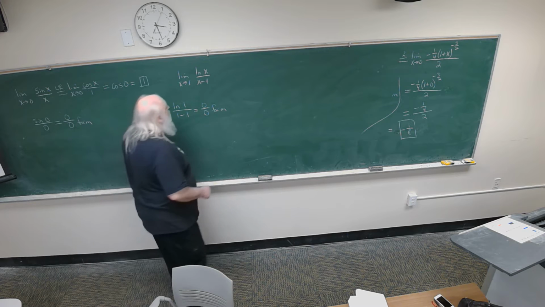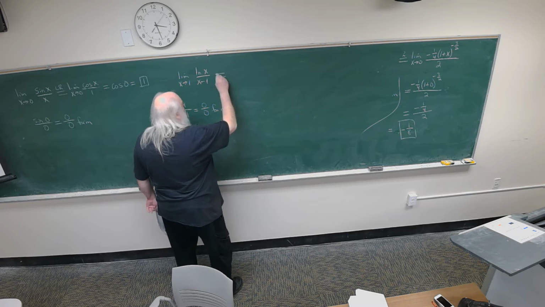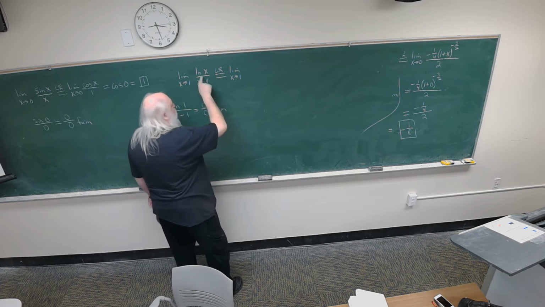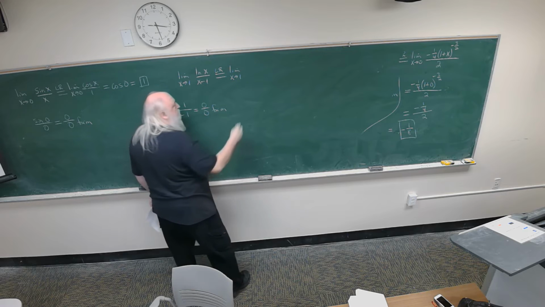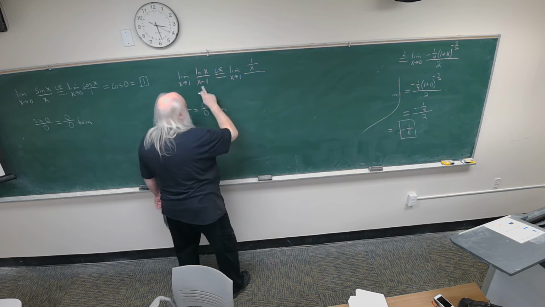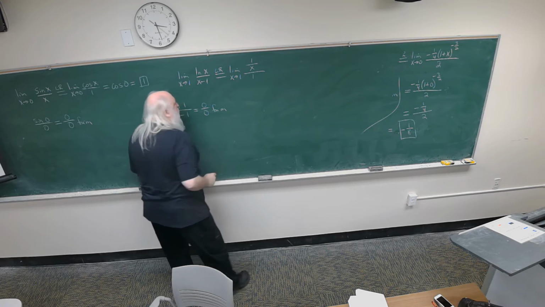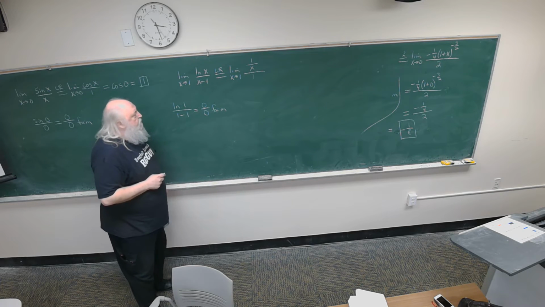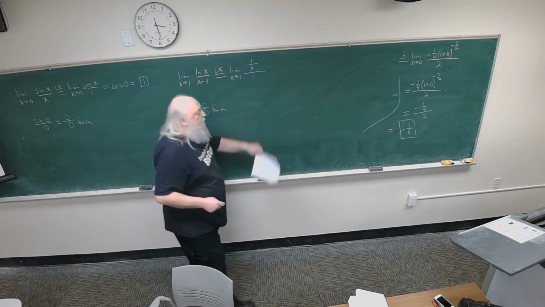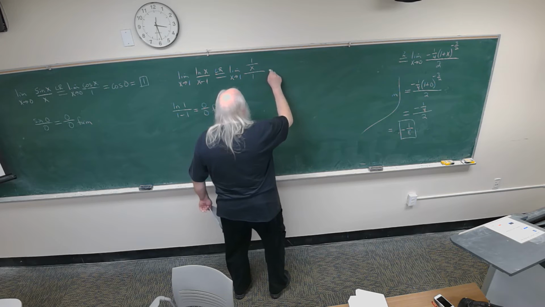So using L'Hopital's rule, the derivative of the natural log of x is 1 over x, and the derivative of x minus 1 with respect to x is just 1. So this limit, 1 over x divided by 1, is just 1 over x.